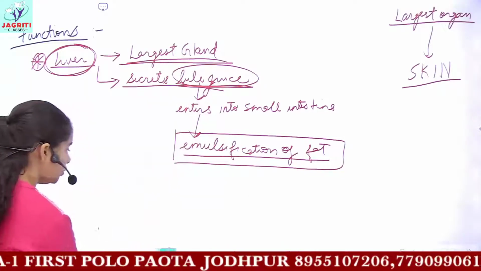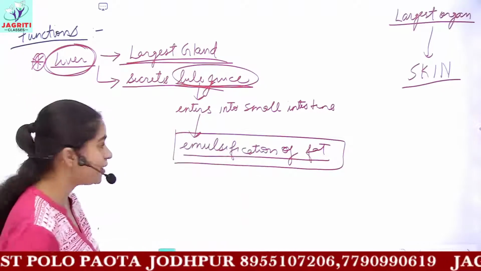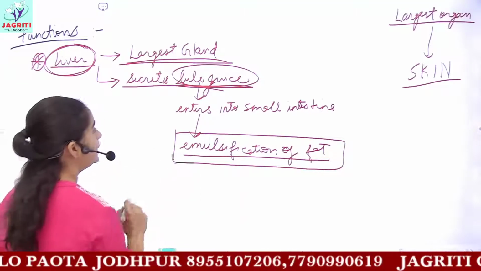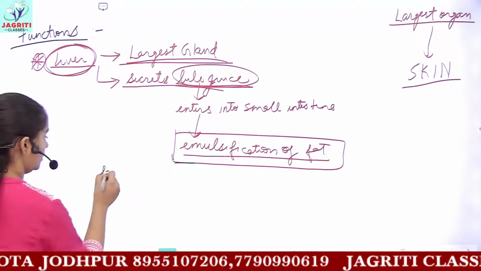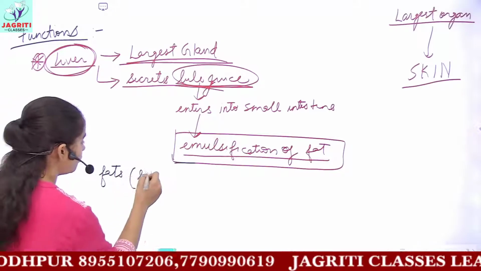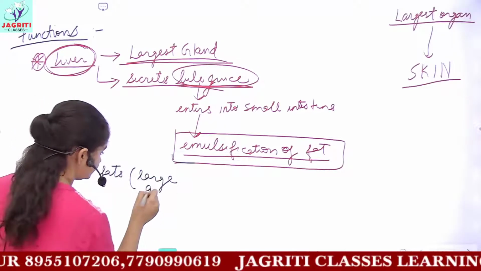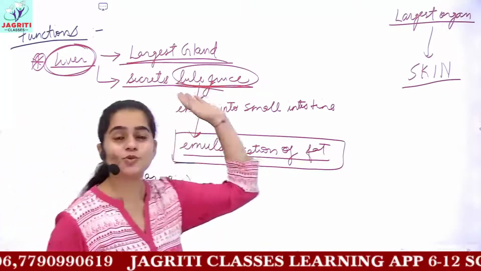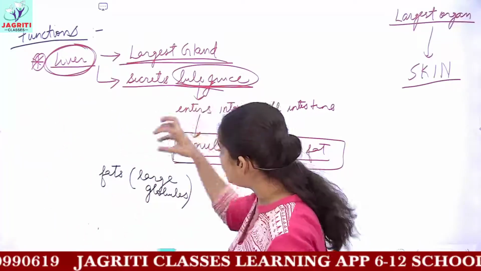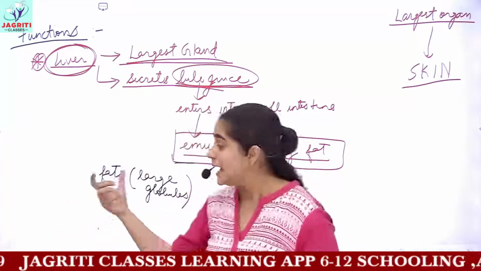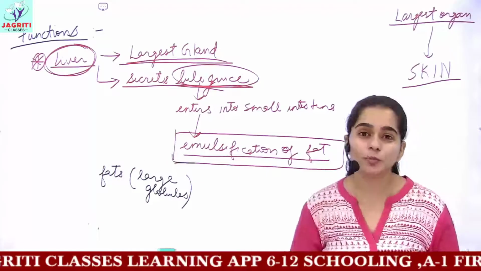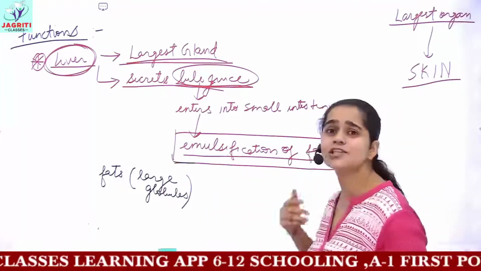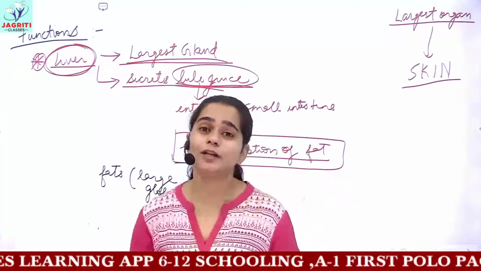Let's see what you mean by the term emulsification of fat. In your small intestine, the fats are present in the form of large globules. What bile juice does is work on these large globules of fat and convert them into smaller globules. Why do we require such a conversion?